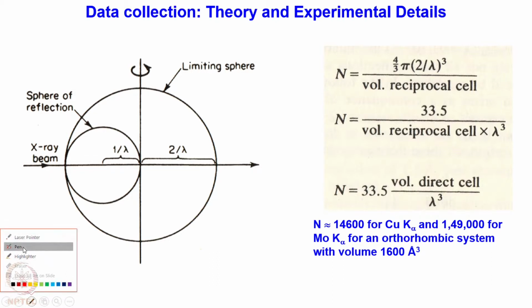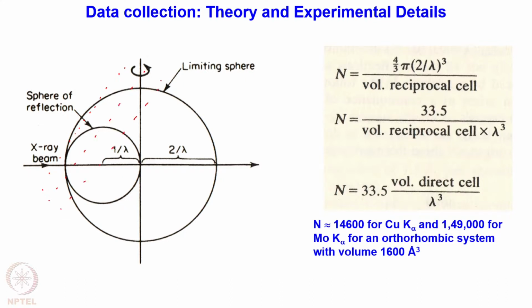As we have learned in the previous lecture, this limiting sphere contains reciprocal lattice points at a given distance, and those lattice points represent direct planes in the real crystal. And when these reciprocal lattice points coincide with the sphere of reflection or the Ewald sphere, which is here, a diffraction occurs.